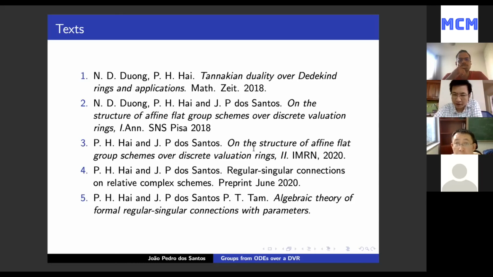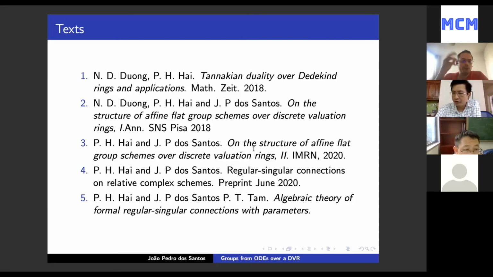I think the question is usually the converse one. You look for some system that has Galois group equal to GLn or some other semi-simple group. This is kind of inverse Galois theory, right? But there is no specific characterization of such a system.